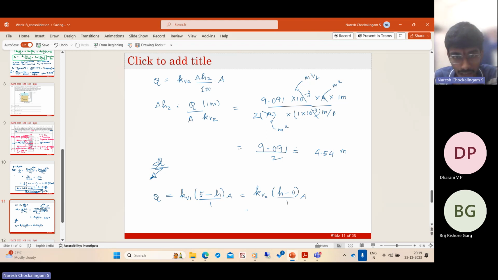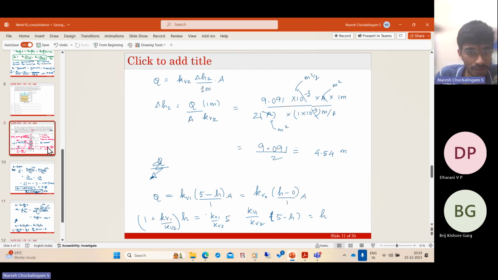So just take KV to the other side. So you get KV1 by KV2 into 5 minus H is equal to H. So rearrange, you get 1 plus KV1 by KV2 into H is equal to KV1 by KV2 into 5.